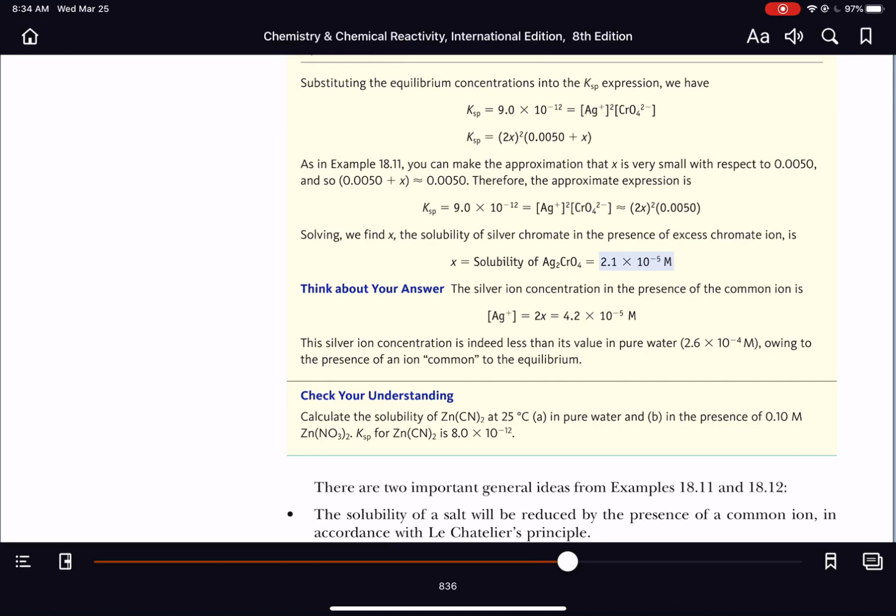Notice that we have 2x that has to be squared, and 2x squared, where you have parentheses around the 2x, is not going to give you the same value as 2 times x squared. Make sure you do your algebra correctly. 2x quantity squared gives you 4x squared.